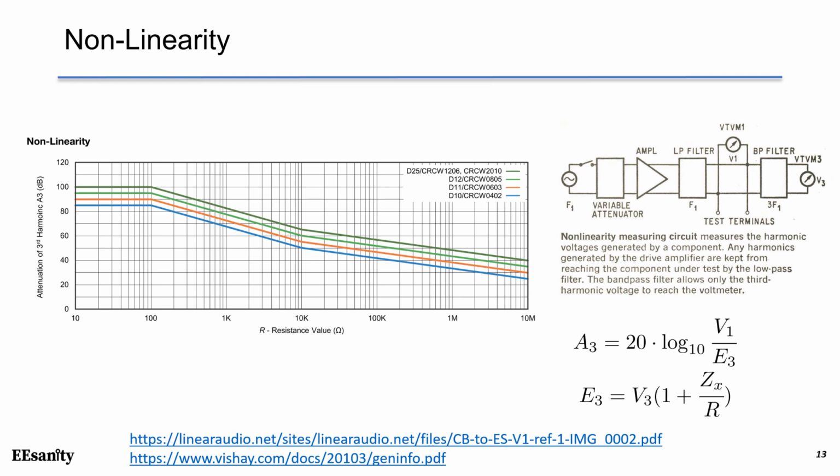For convenience, the third harmonic is used to measure parameter A3 because the third harmonic has the largest magnitude and therefore it is easiest to measure. This graph demonstrates that the attenuation of third harmonics A3 drops as the resistance goes up. That means as the resistance goes up, the resistor becomes more nonlinear.